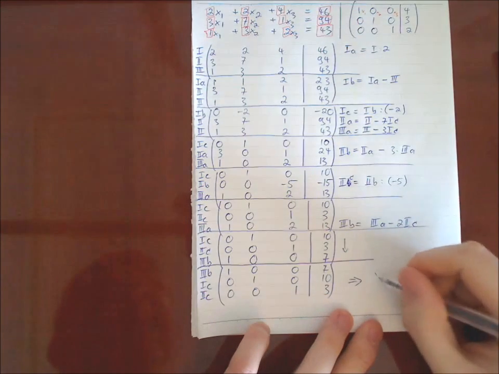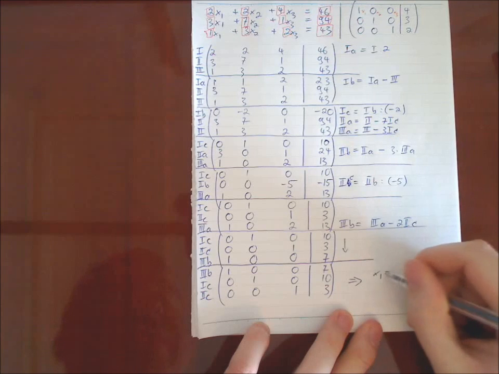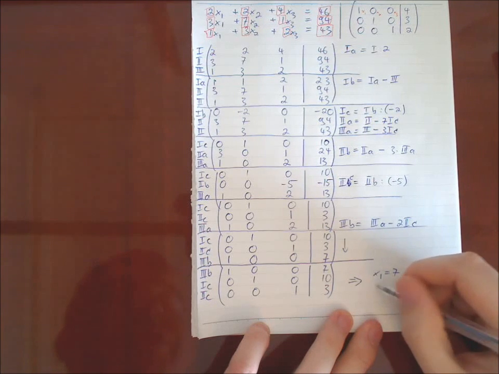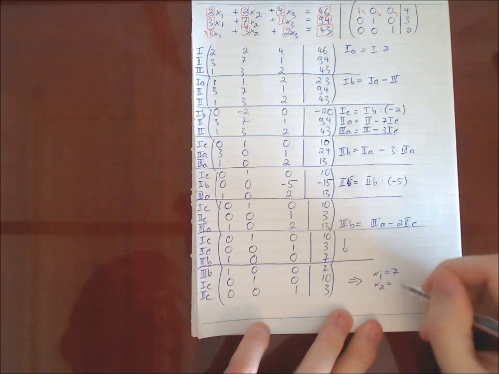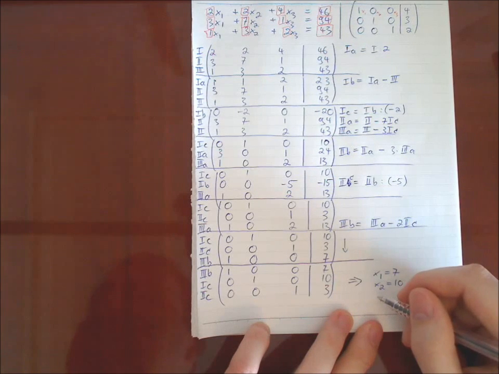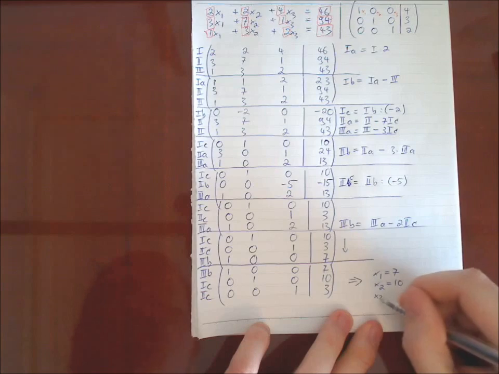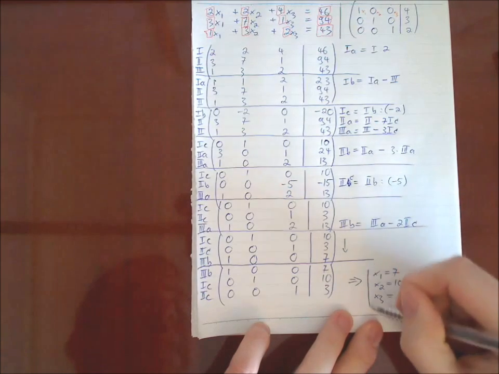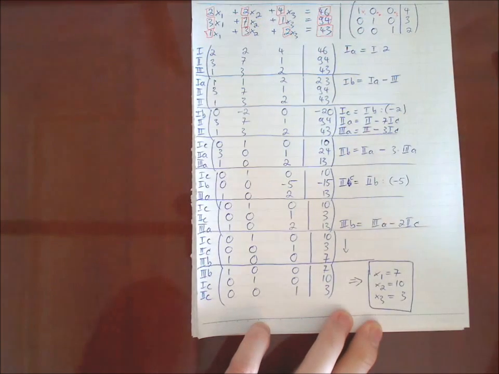But in this case we just write down the solution because we didn't have a lot of text as a question, but just the system of linear equations. So this is the solution.